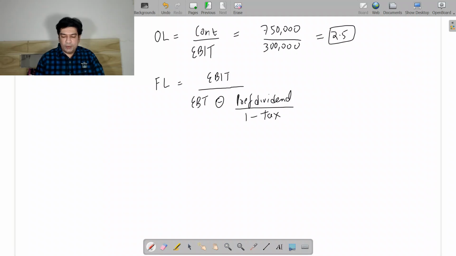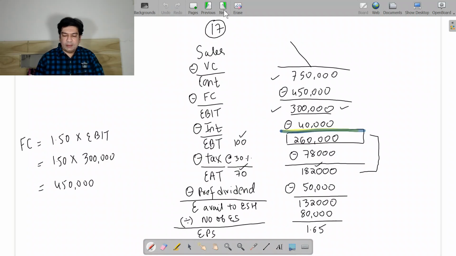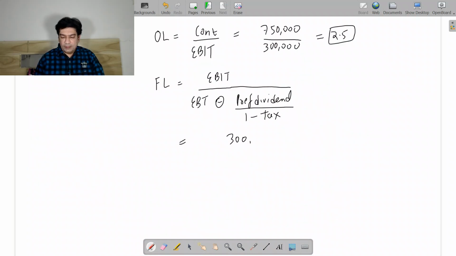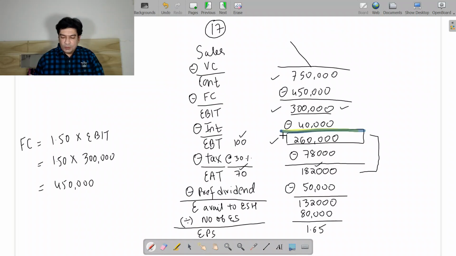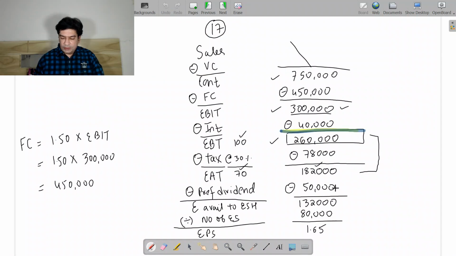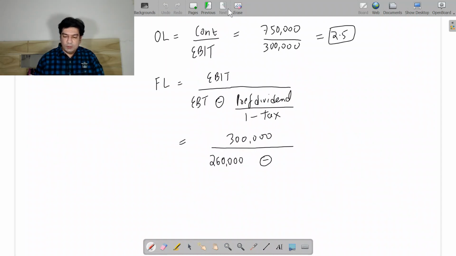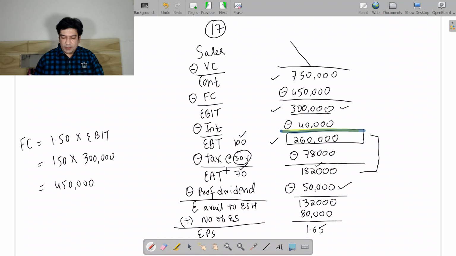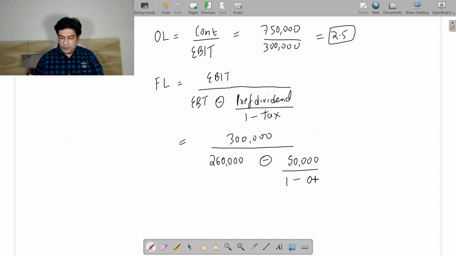So you have to be alert. So EBIT I have 3 lakhs. EBT is 2,60,000. Then the preference dividend is 50,000, divided by 1 minus the tax. Tax is 30%, so 0.7 I will take.